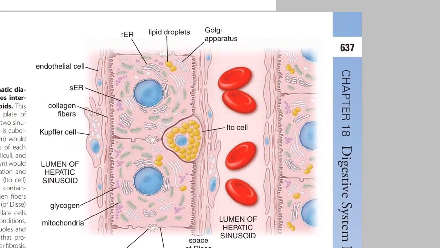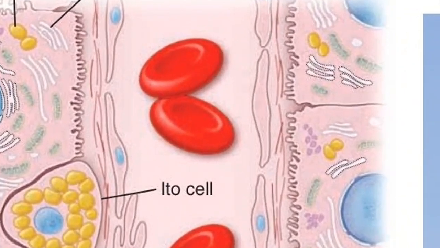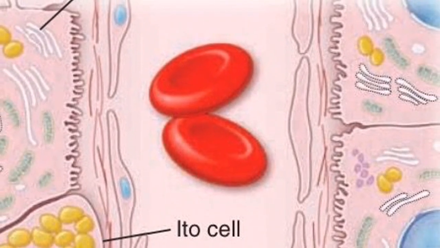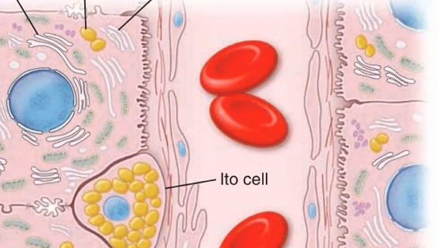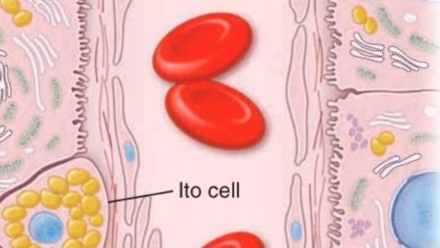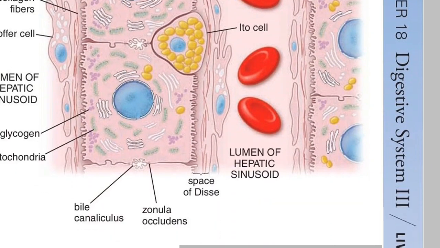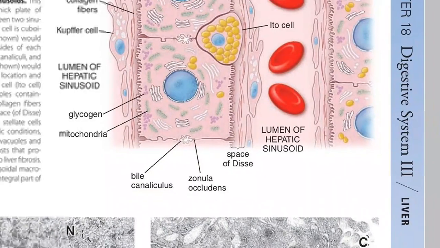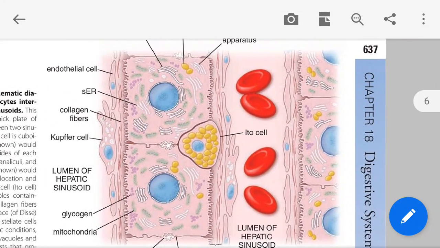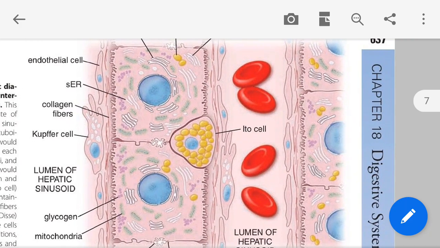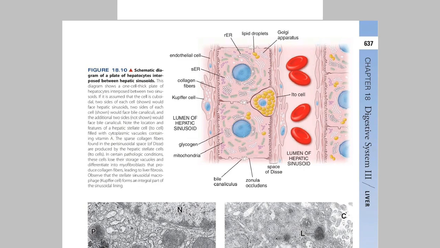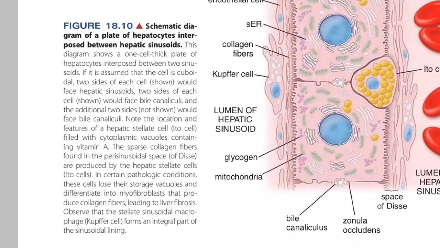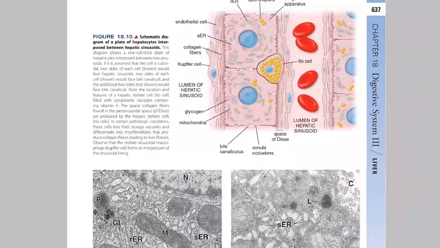Between these two laminae there is a space, and this space is surrounded by the endothelial cells. This space between the hepatic laminae is the lumen of the hepatic sinusoid. And as you can see in the sinusoid, we can observe the RBCs, so that means the blood is present in the hepatic sinusoid. Go through this entire figure and the information regarding it.